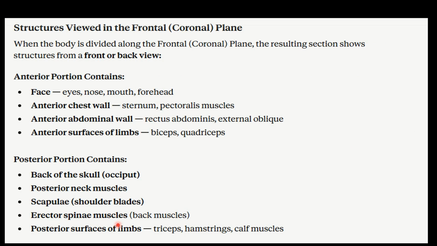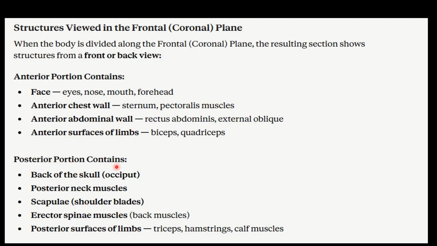Now let's see what structures are viewed in the frontal coronal plane. When the body is divided along the frontal coronal plane, the resulting section shows structures from the front or back view. The anterior portion contains face, eyes, nose, mouth, forehead, anterior chest wall, anterior abdominal wall, anterior surface of limb.